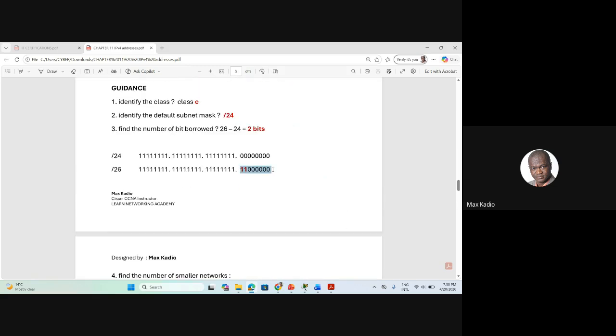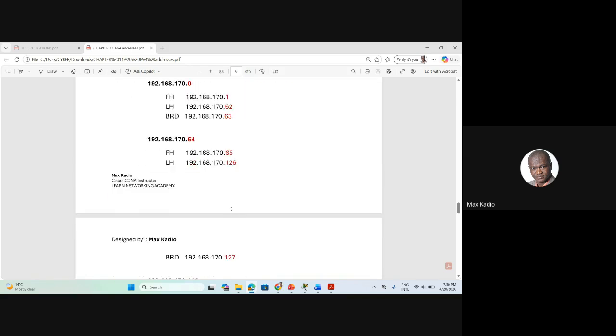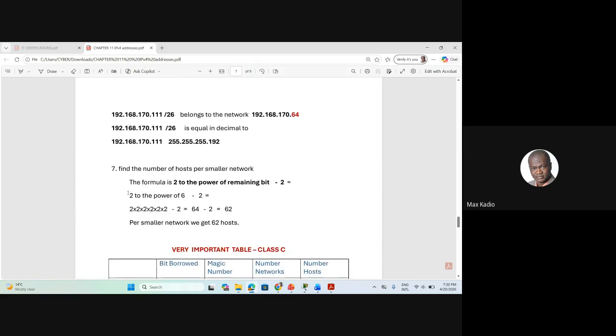Normally I should have 8 bits, but I took 2 more. The remaining is 6. Then you do 2 to the power of 6 minus 2. So 64 minus 2 means per smaller room or per smaller office, we can get 62 PCs maximum. That's 62 hosts.